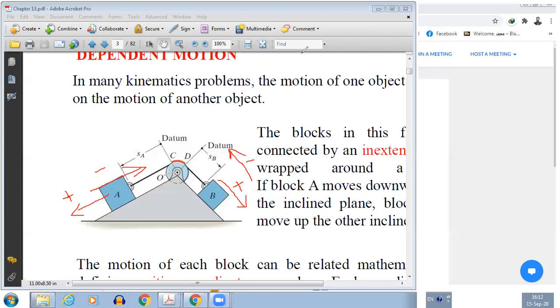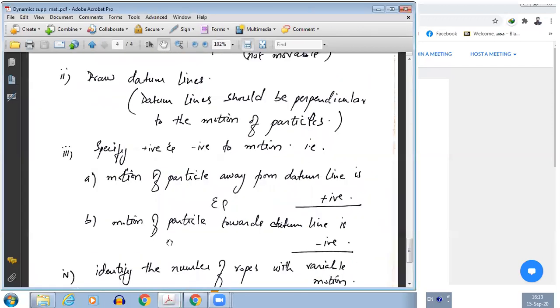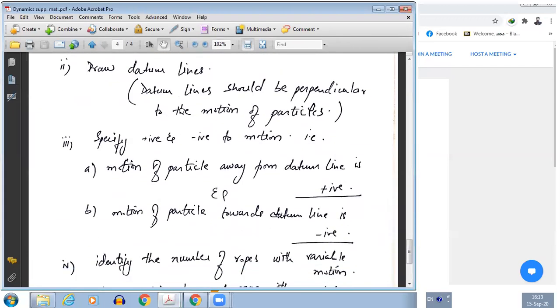So points number 1, 2, and 3. Are these points clear or not? Okay, points 1, 2, and 3 are clear.